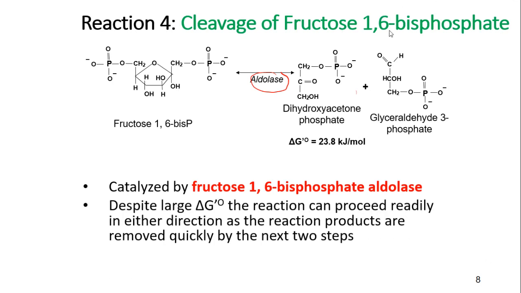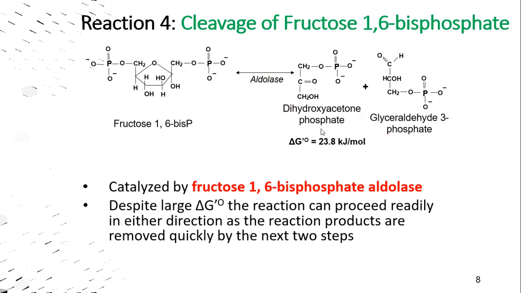Okay, so when this fructose 1,6 bisphosphate is converted to dihydroxyacetone phosphate and glyceraldehyde phosphate, this guy can be converted to that and that guy can be converted to that. But when this process is taking place, this guy will rapidly be converted to that guy, though there is a chance of this guy being converted to that guy.